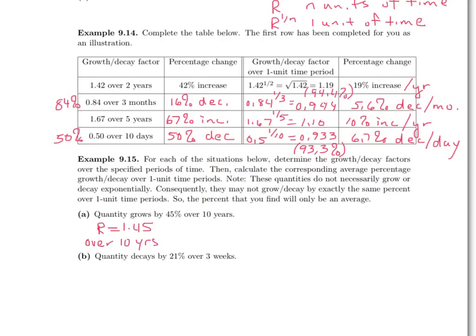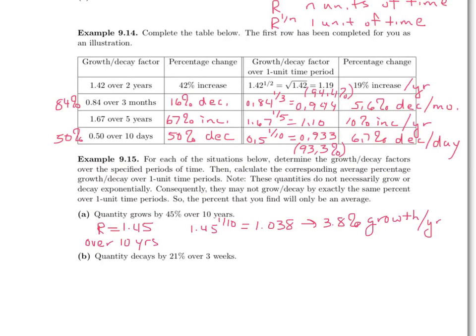If we wanted to calculate the growth factor over a period of 1 year, we would take the 1.45 and raise it to the 1/10th power. And if we work that out on our calculator, we get approximately 1.038. And this corresponds to a 3.8% growth, and this would be per year.